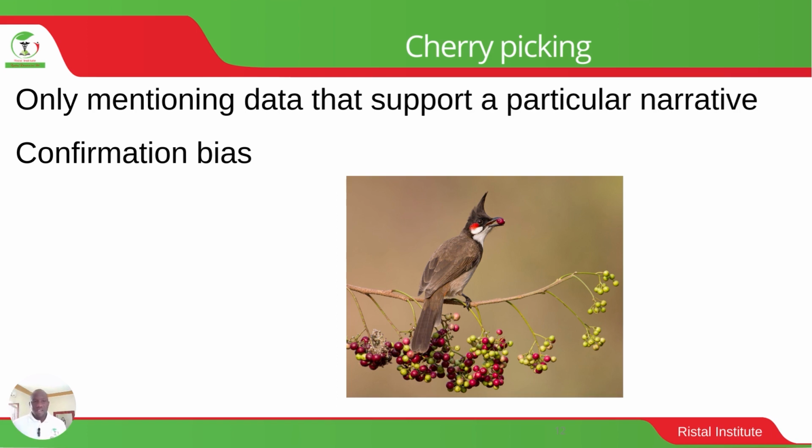Yet sometimes you can have conflicting data, and if you have conflicting data, it is very important to look at both sides of the conflicting data. So this is very important in argumentation. You don't need to only pick particular data that support what you are saying. If you do that, you're doing what we call cherry picking.